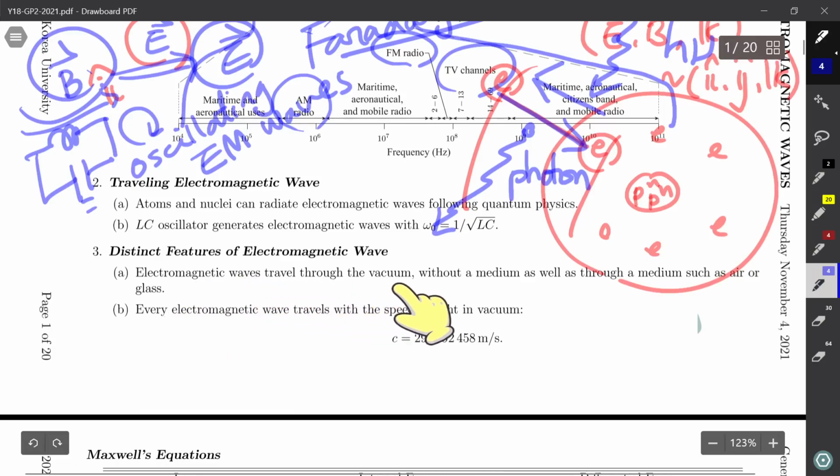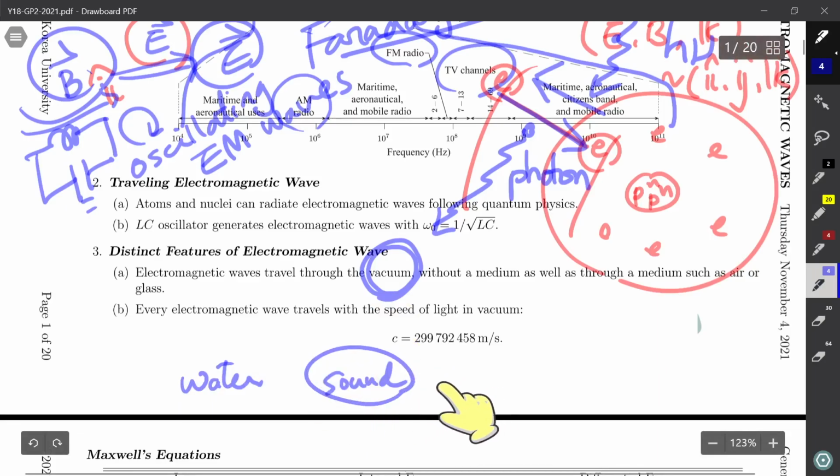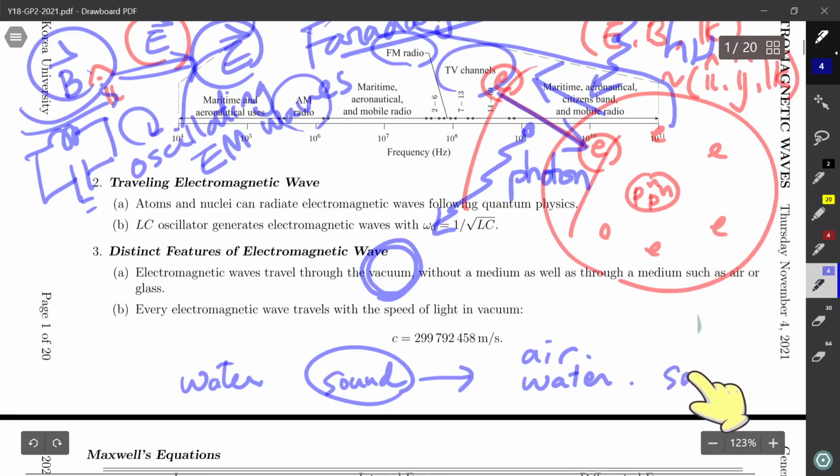Electromagnetic waves travel through the vacuum as well as through medium, but water waves and sound travel through medium. For example, air, water, or solid. However, sound cannot travel in space or vacuum.